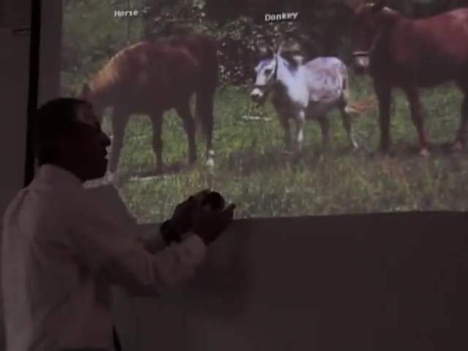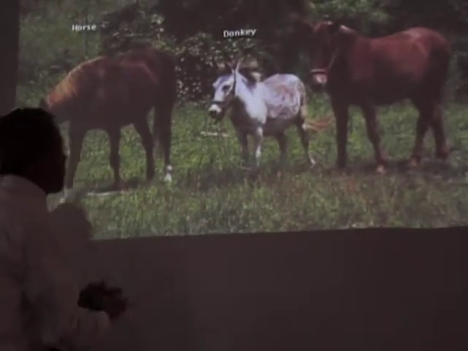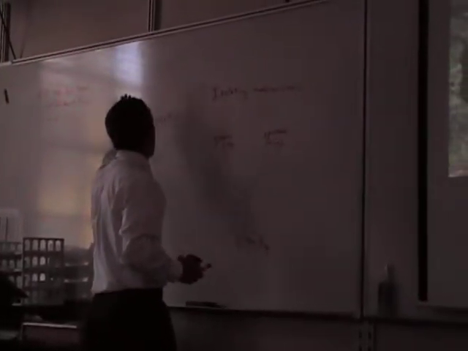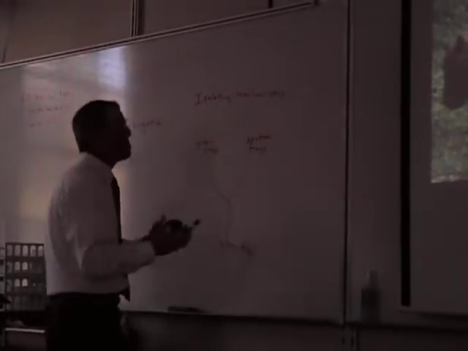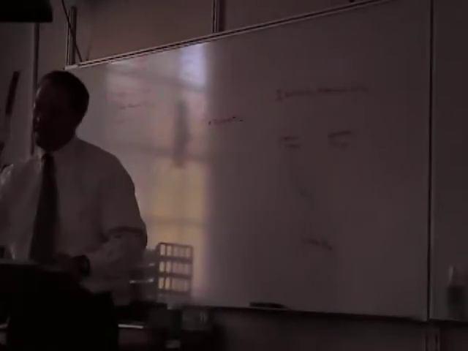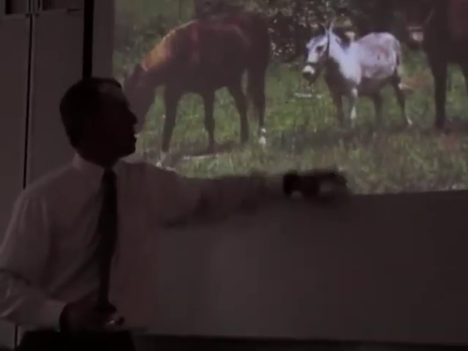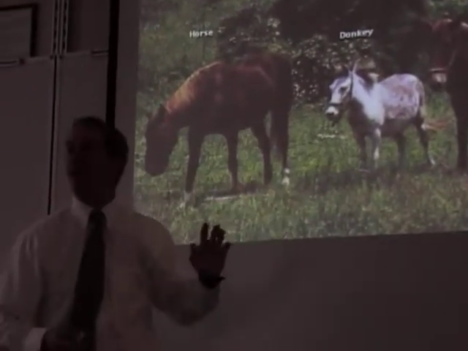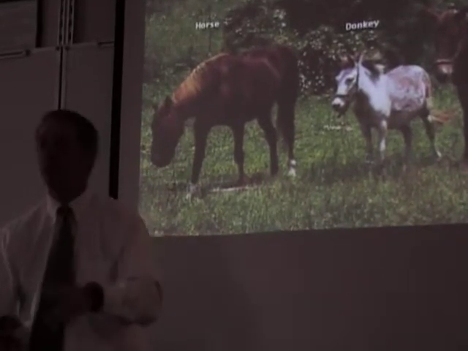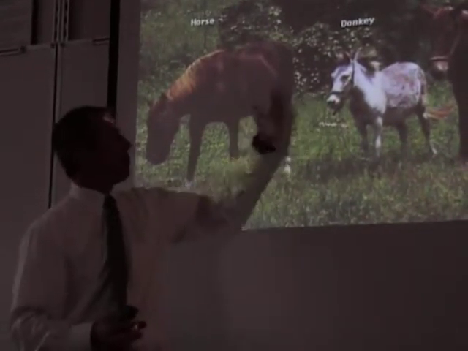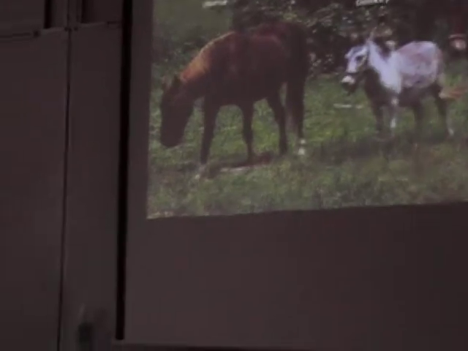Horses and donkeys can mate and have kids, but since the kids are sterile, that's post-zygotic. Post means after. After the zygote forms, it can't have kids. So that's an isolating mechanism between the horses and donkeys' gene pools. They can't successfully mate with one another, so that makes them separate species.